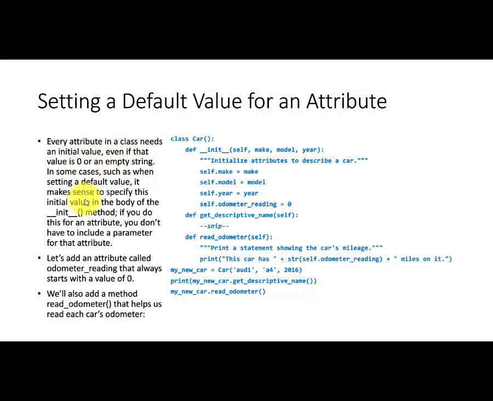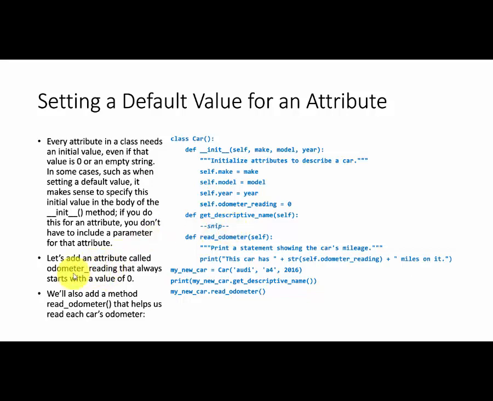So setting a default value, it makes sense to specify the initial value of the variable as 0 in this init method. Okay, if you declare it here, you don't have to declare it again or include a parameter for that attribute.